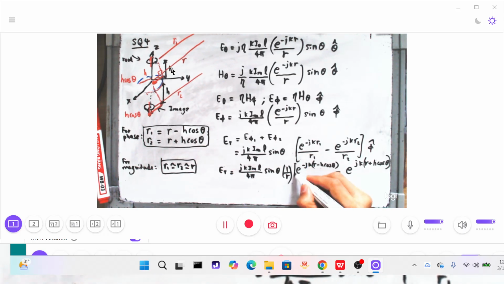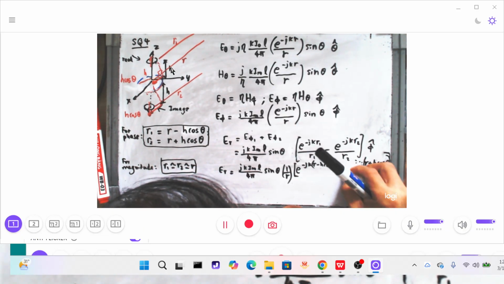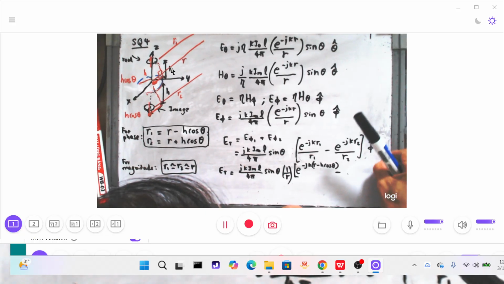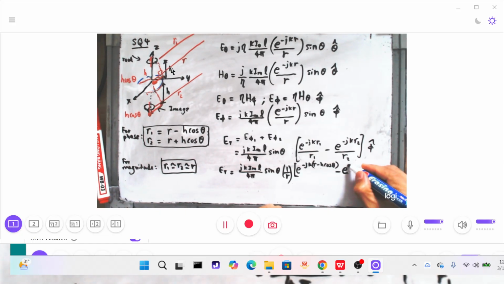So this is what we have got. I am going to write it down more clearly. It's not clear. It's too cloudy. So I hope this is much clearer now.